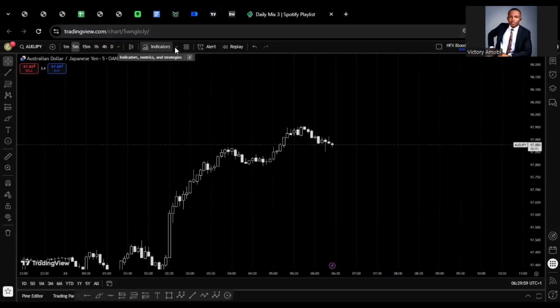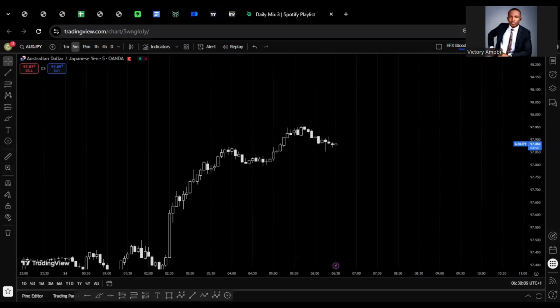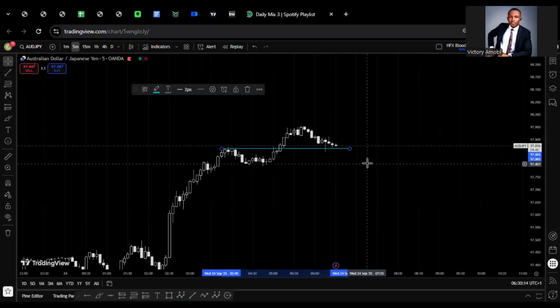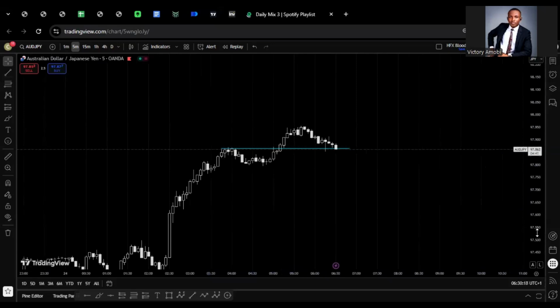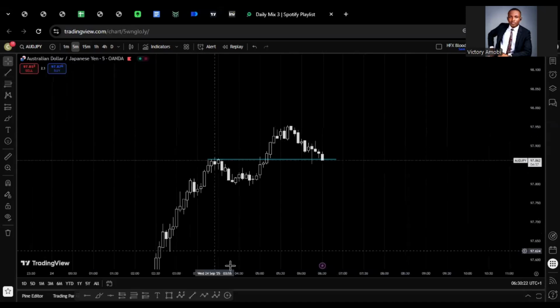So I showed us some indicators the last time, right? Remember, let me mark out my key areas so that we have this area, then we have this on the 5 minutes time frame. I said that trade is not actually going well.